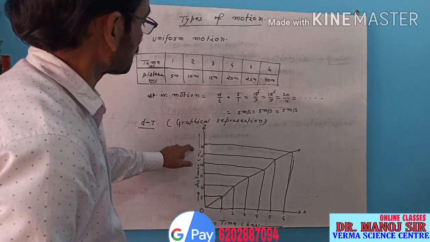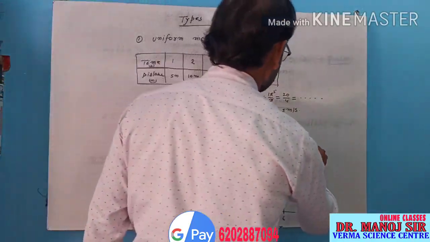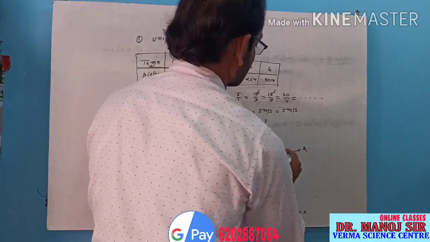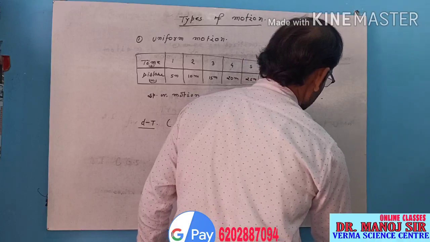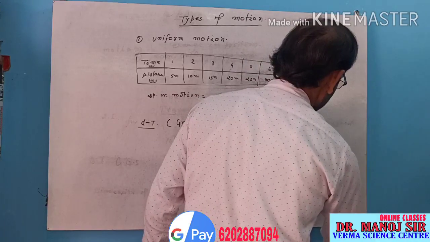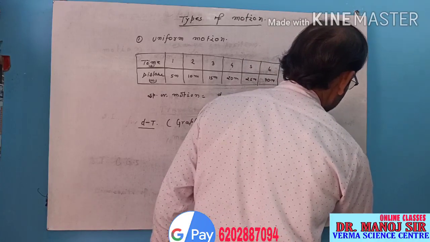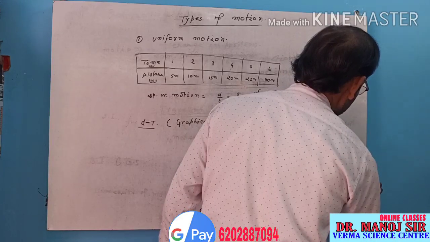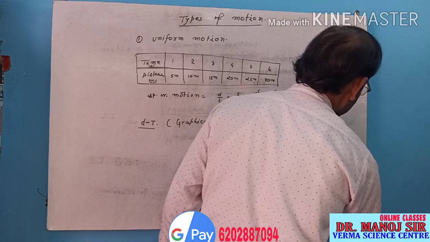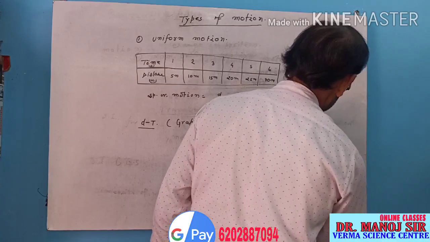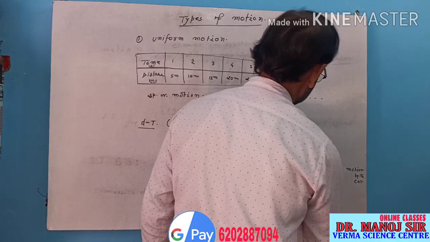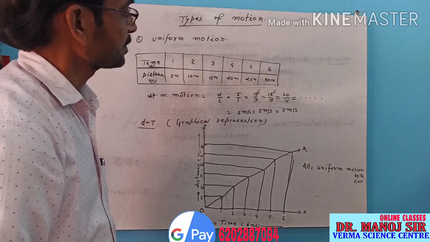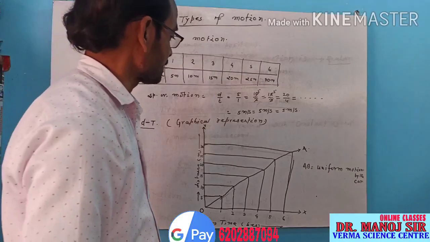Here OA represents uniform motion by the car. The straight line OA represents the uniform motion.